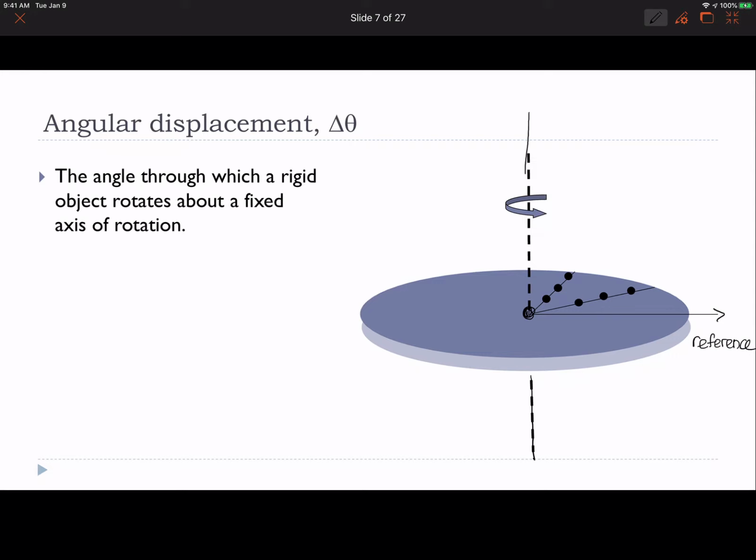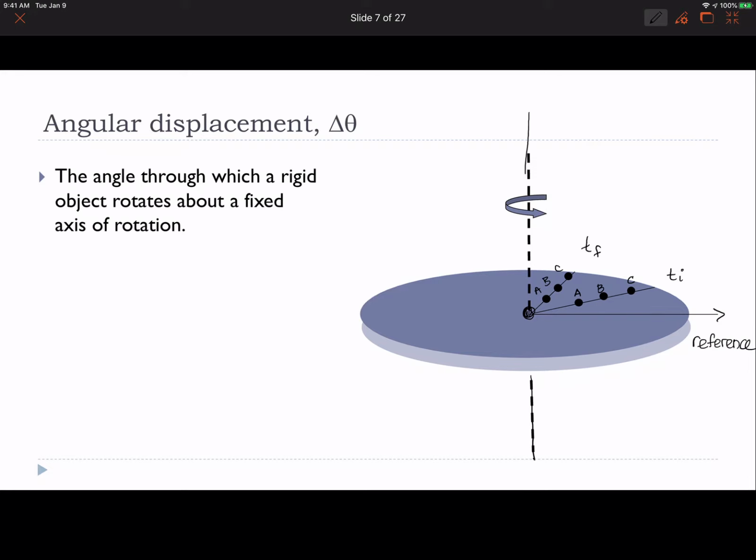These are new points, A, B, and C. So I could imagine that if I had this point here, A, that's close, B, and then I have a point C, this is where they're located at some initial time. After this disk rotates a little bit, this is their new location at some final time, A, B, and C.